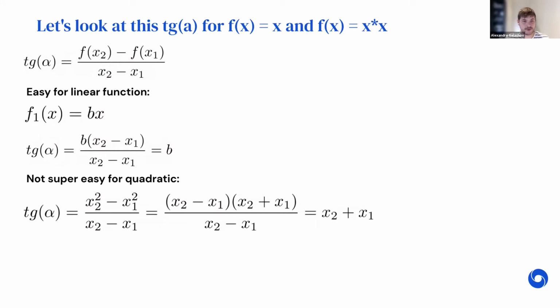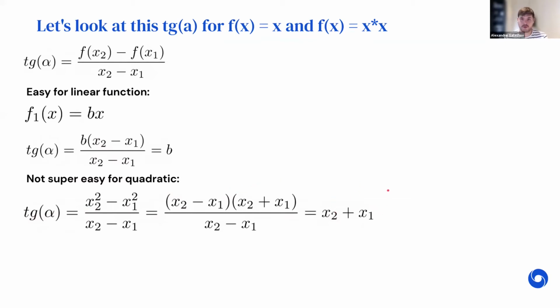Right now, if we look at a quadratic function, again f of x is equal to x squared. I plugged the definition of this function into the tangent of alpha. Then I rearranged this first term using this mathematical formula, and I obtain that the tangent of alpha between any 2 points x1 and x2 is equal to x2 plus x1.